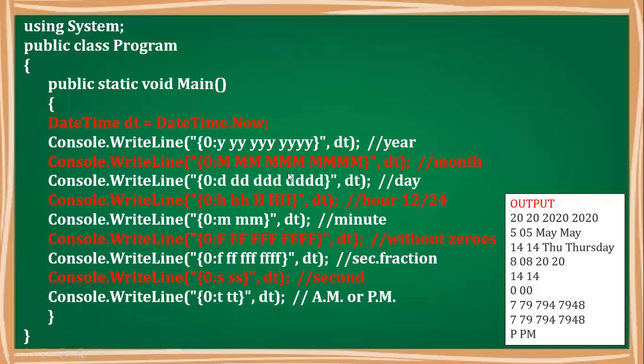Then if you write triple m, it will give you the name of the month. And if you write 4 m, still it is going to give you the name of the month. Got my point? Okay.